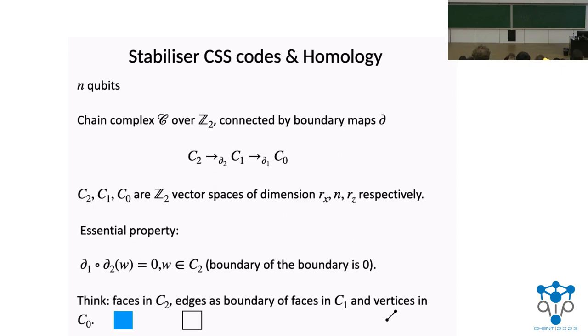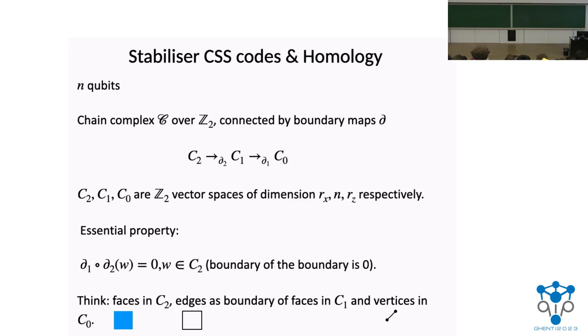So it's a rich platform to develop codes, and it's also a somewhat central component in the newer good quantum LDPC codes, because you can take tensor products of chain complexes, and then there are further things that you need to do. And so this is the basics, if you want to understand some of that.